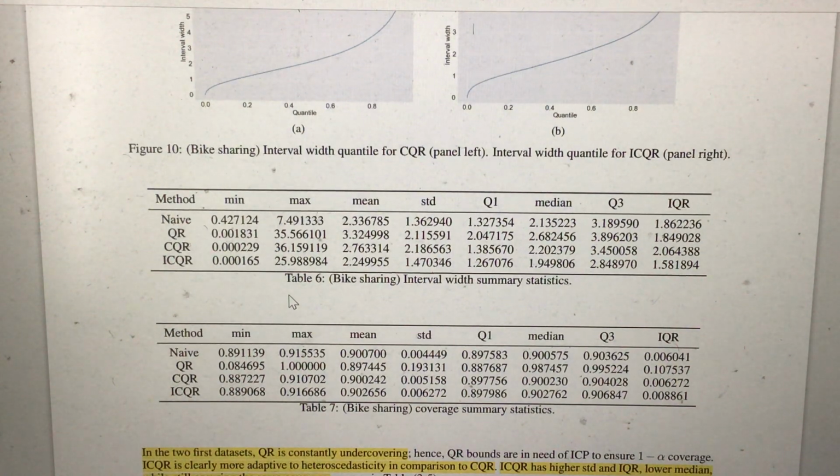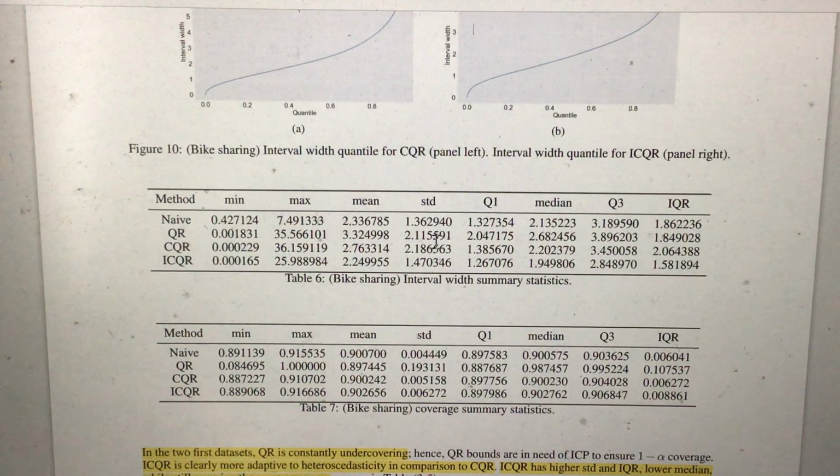the minimum of QR is larger than CQR and also ICQR. And the maximum is also the largest one, 35. Also we can find the standard error, I think it's 2.11.